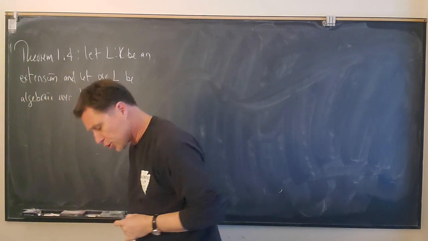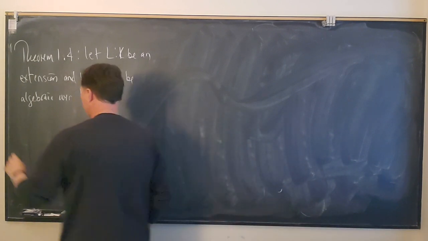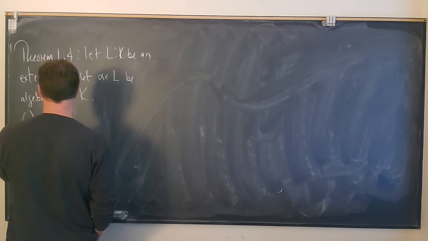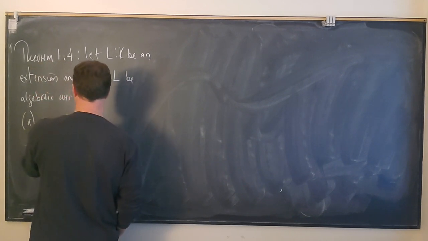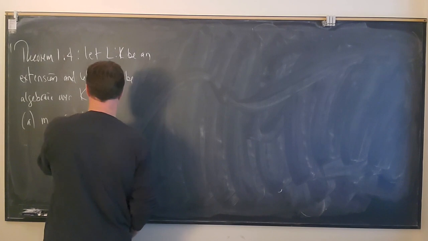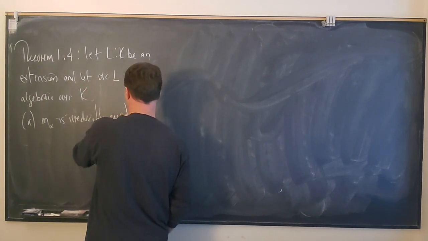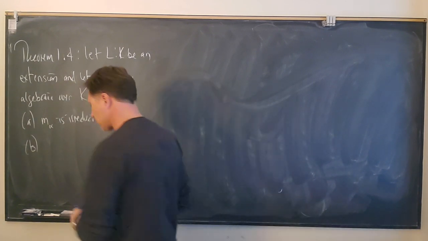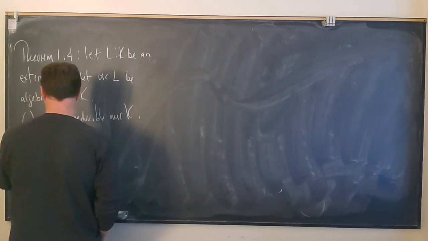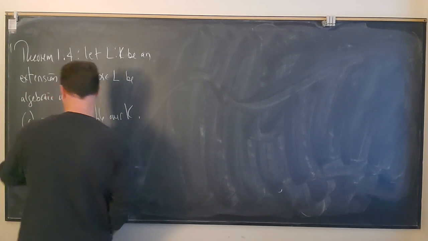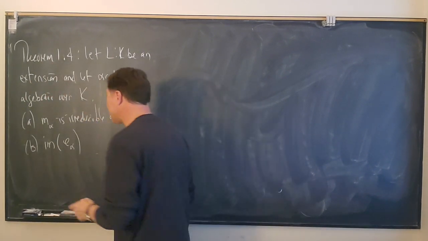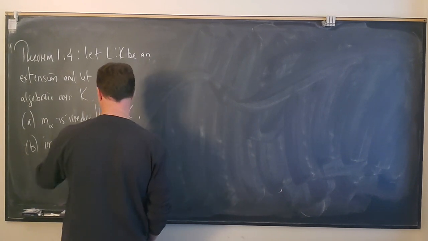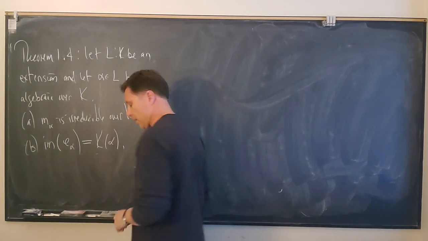Over K. Now, there's two parts to this theorem. The first part is that the minimal polynomial m sub alpha is irreducible over K. And then the second part is that the image of the evaluation map, E sub alpha, is equal to K adjoin alpha, right?